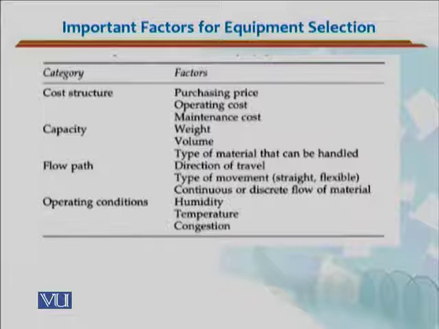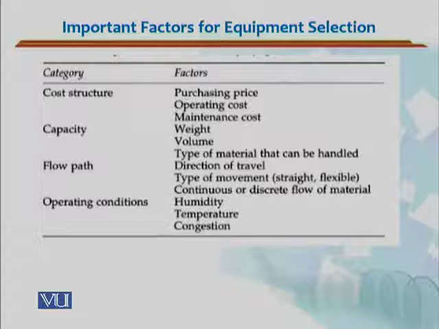If you look at this table, we have different categories in terms of cost structure, in terms of capacity, in terms of flow path, and in terms of operating conditions, and different factors related to it. So for example, for a cost structure, if you are looking at the cost of the equipment selection, of course this is one of the important economic or the primary economic criteria.